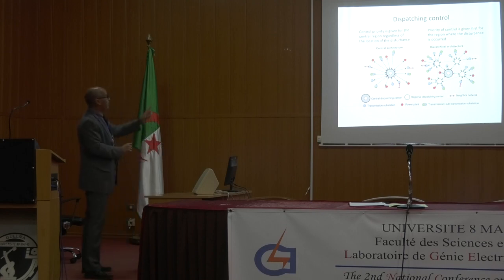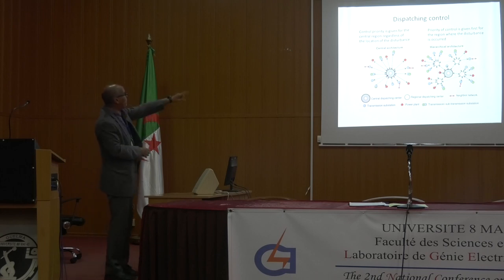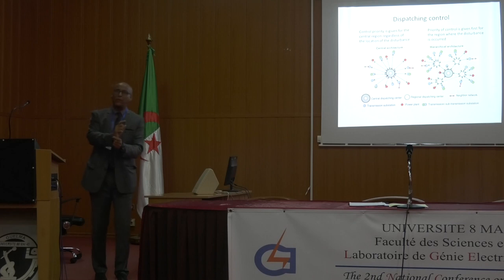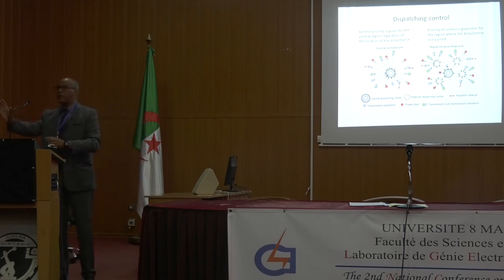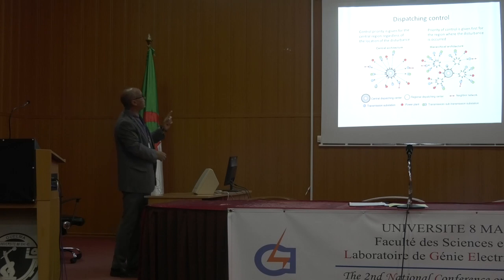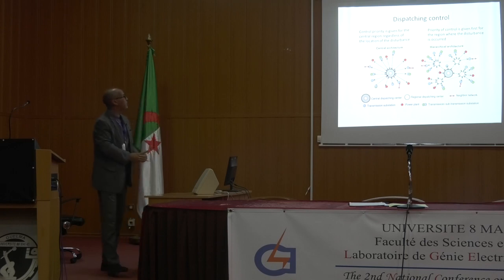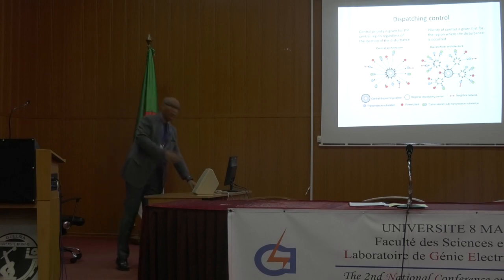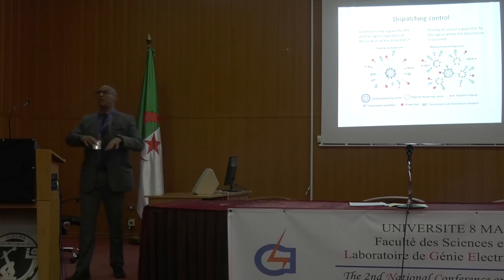But in the decentralized dispatching center, the priority of control is given first to the region where the disturbance occurred, and if it can't control it, another region takes this task. Okay? Because decentralized here means renewable energies.